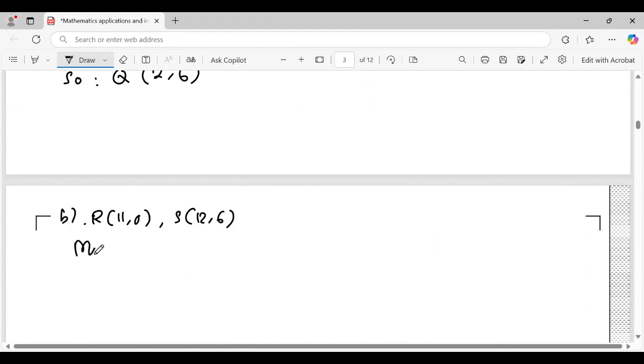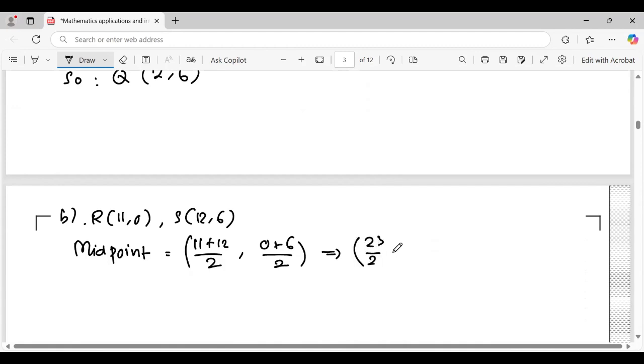So the midpoint is (x1 plus x2) divided by 2 and (y1 plus y2) divided by 2: (11 plus 12) divided by 2, (0 plus 6) divided by 2, which becomes (23 over 2, 3), or (11.5, 3).